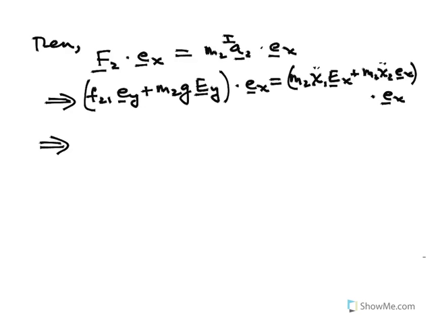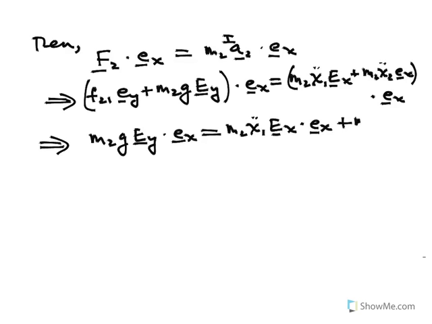And this gives, since little ey dotted with little ex is 0, it gives M2G big EY dotted with little ex is equal to M2 x1 double dot big EX dotted with little ex plus M2 x2 double dot.